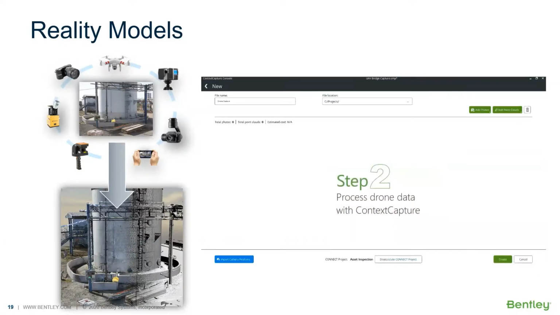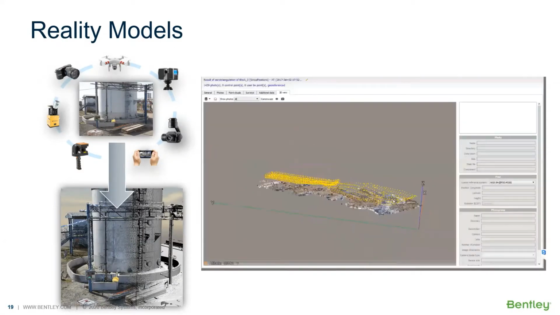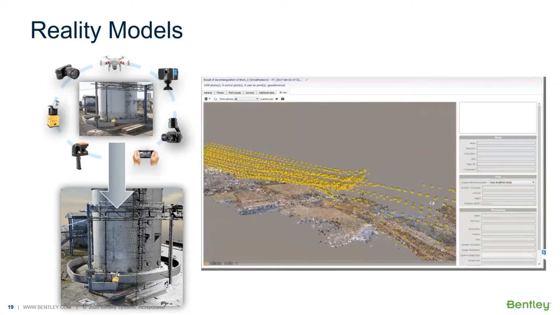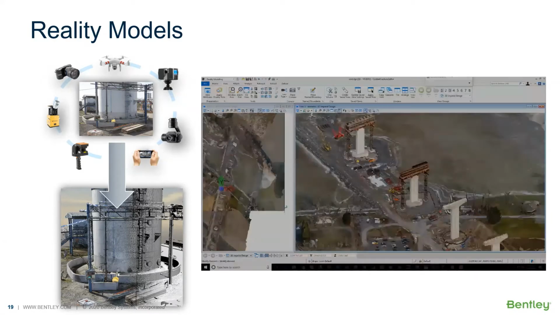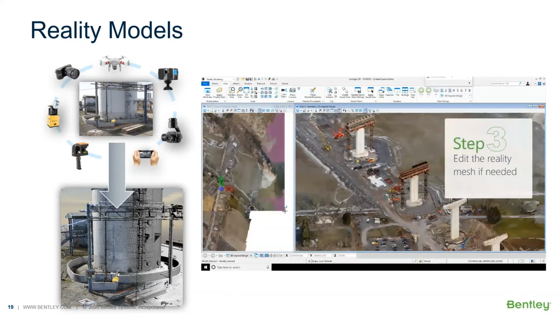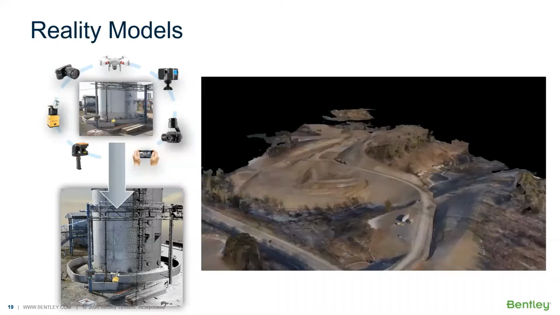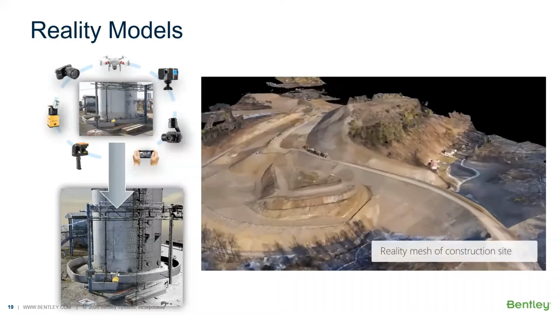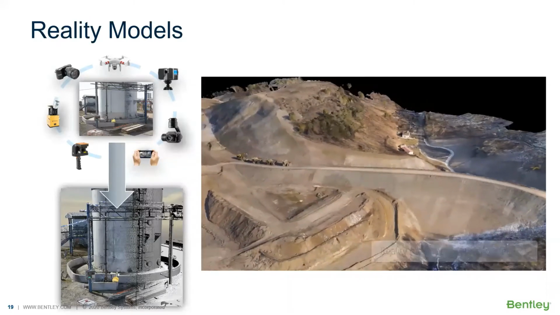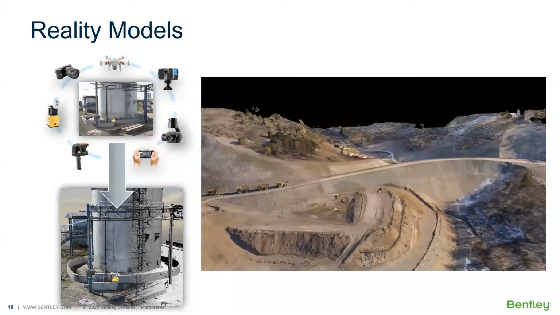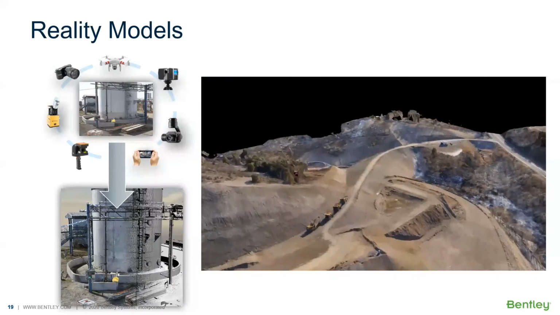Then you download the data into ContextCapture, process it, do some editing on some undesired components, and this is the 3D terrain mesh which you produce out of it.